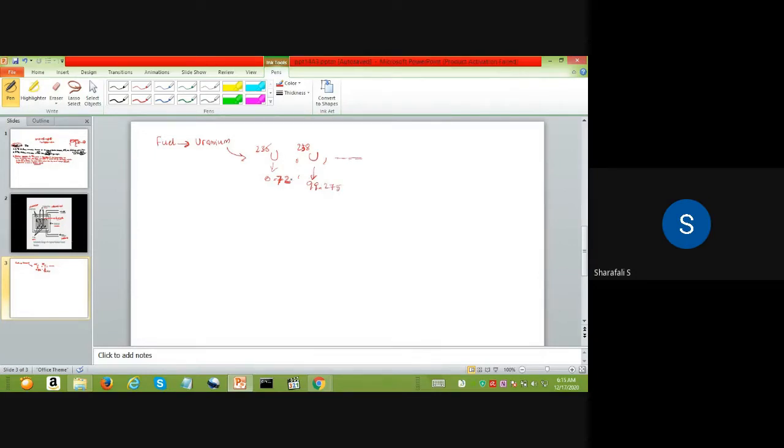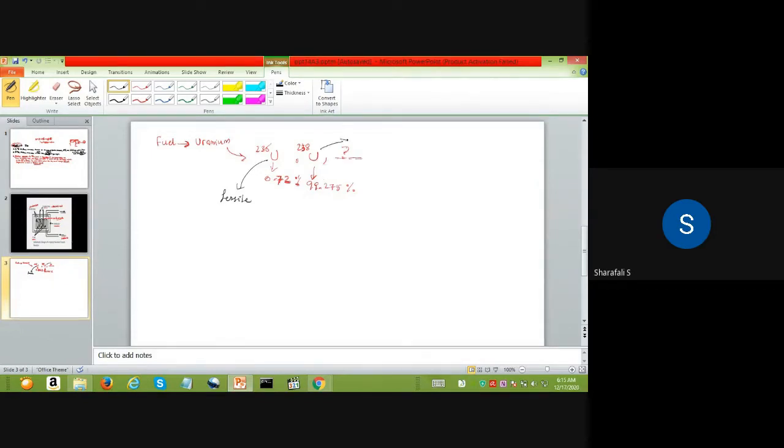So the total is almost 100, but there are still some other types of uranium possible. So this much percentage is uranium 235, this much is uranium 238. This uranium 235 is a fissile nucleus. You just have to excite it and it will undergo the fission reaction. These are fissile nuclei. They do not need any high energy neutrons.